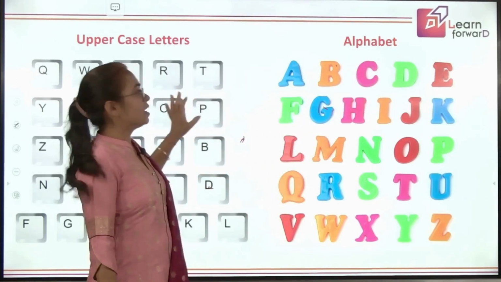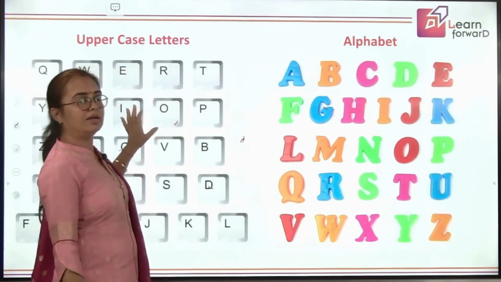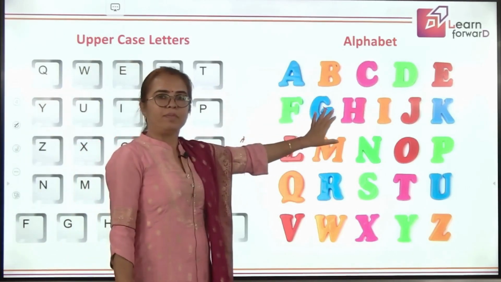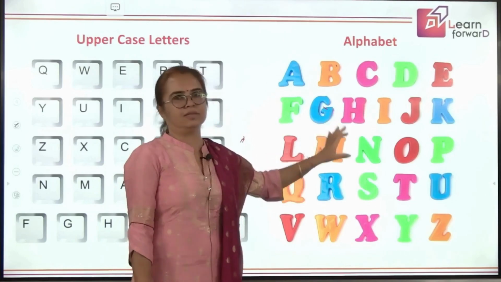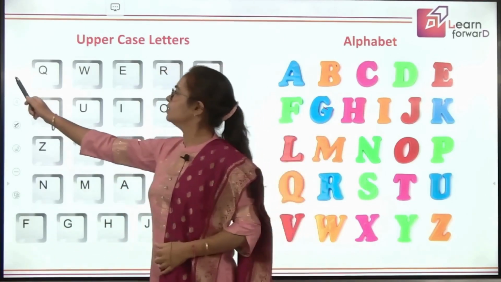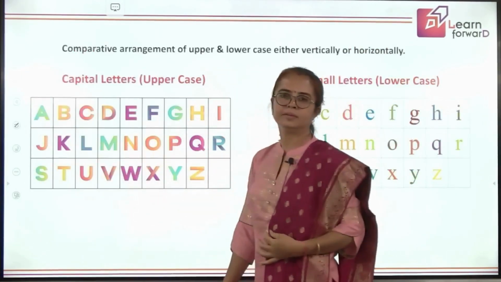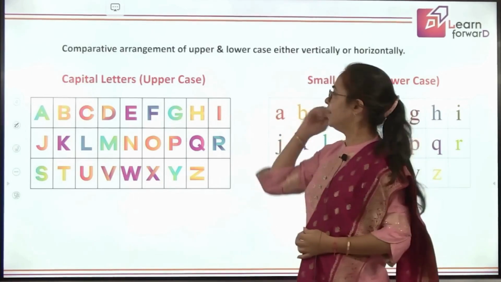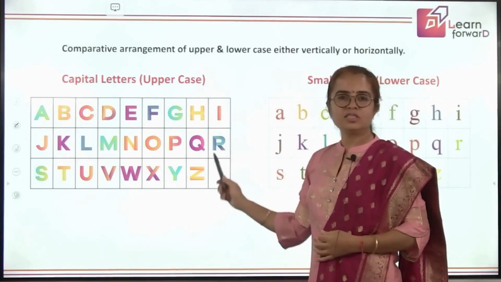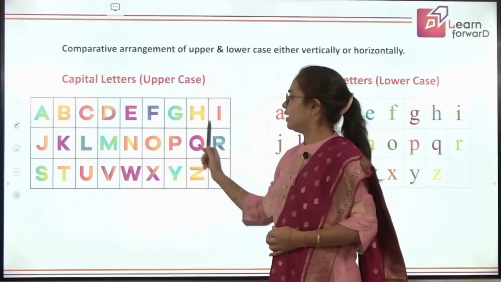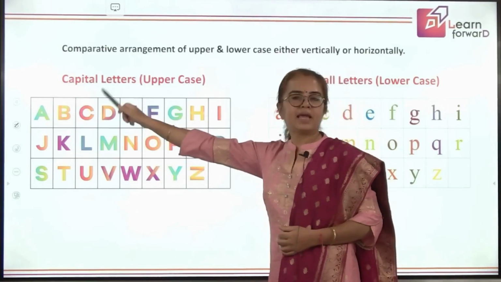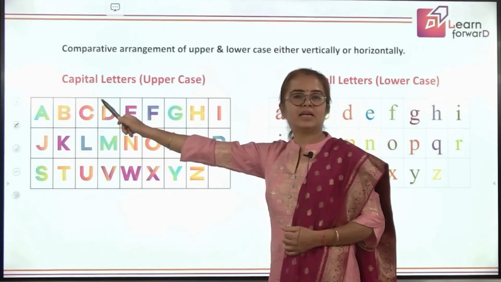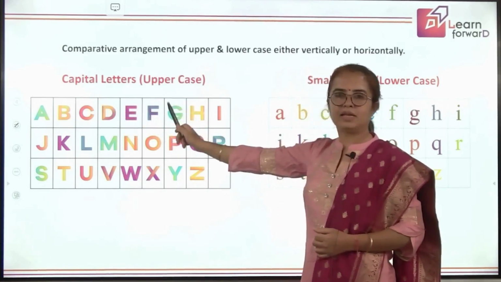These are not arranged in order, but in the alphabet, the letters are arranged in an order. Let's move ahead. The letters we saw just now are called capital letters. They are said to be in uppercase, right?